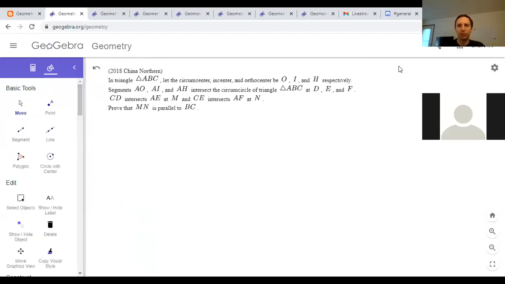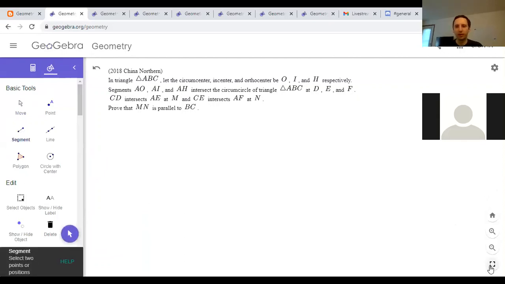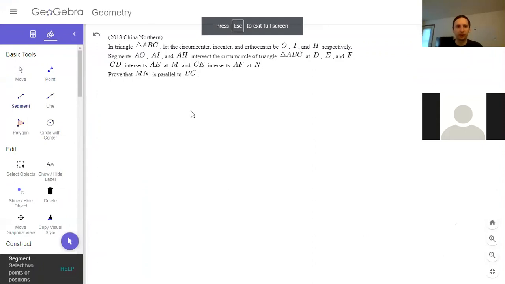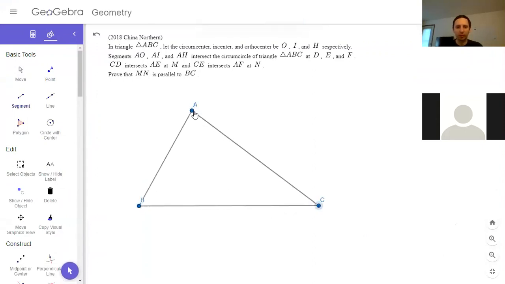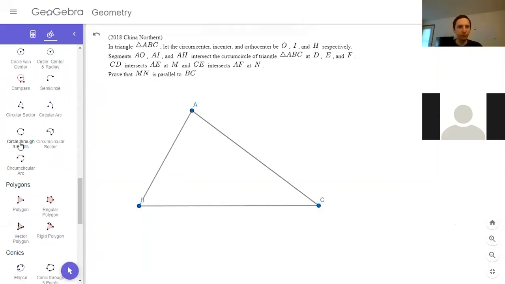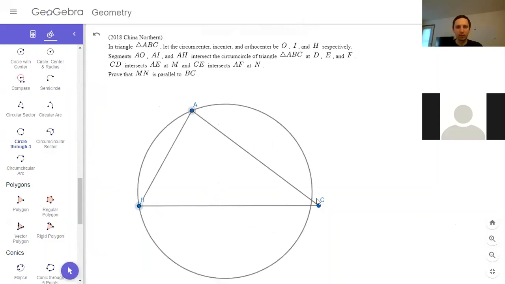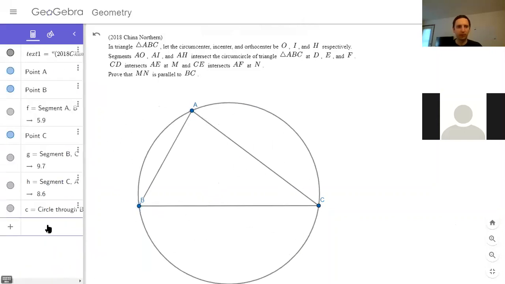So this is the 2018 China Northern Math Olympiad. We have a triangle ABC. Let me maximize it. And we label the orthocenter, incenter, and circumcenter. That's the circumcenter.